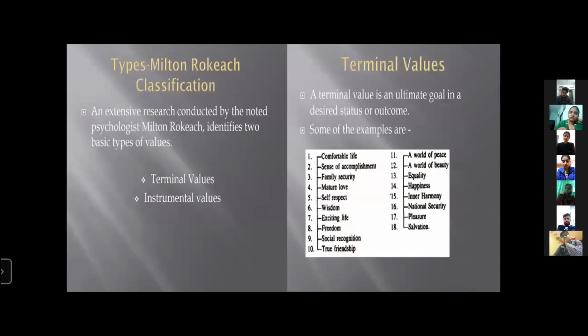Now the types. According to Milton Rokeach, values have been classified into two types: terminal value and instrumental value. Terminal value is any outcome we want to achieve in our life. For example, a comfortable life, wisdom, freedom, mature love, family security, equality, happiness become our terminal values.